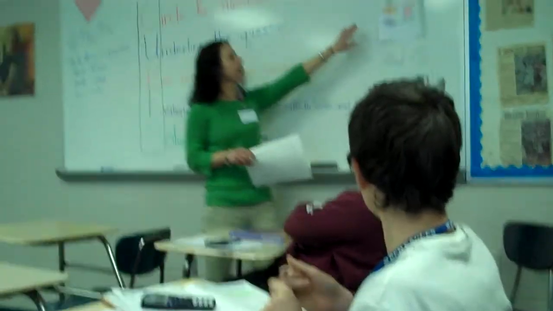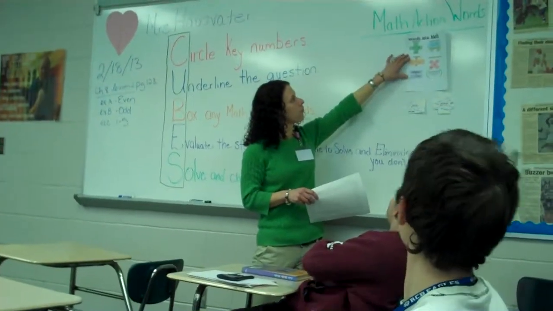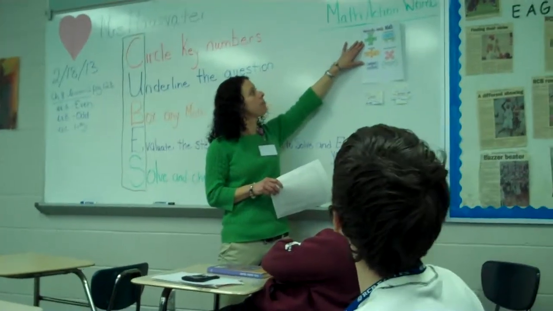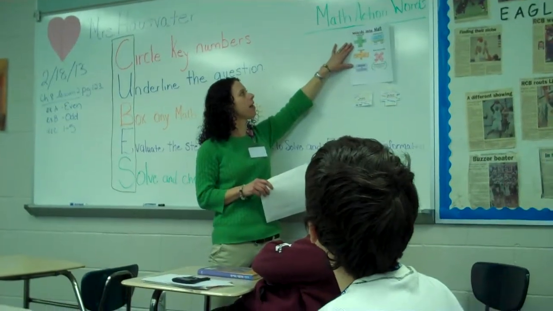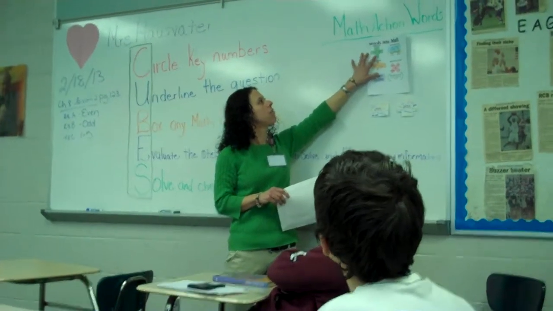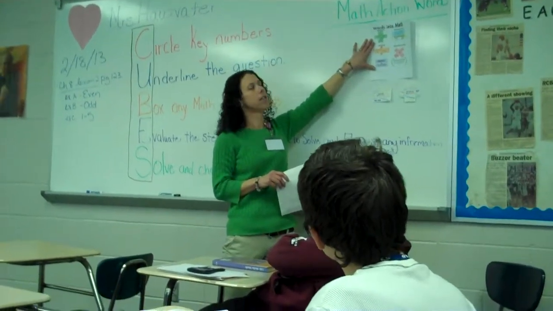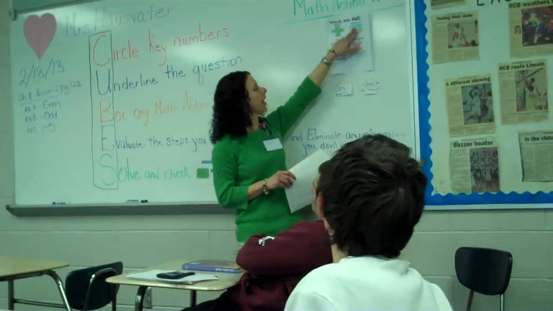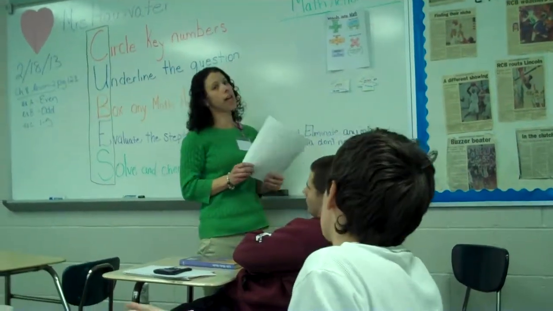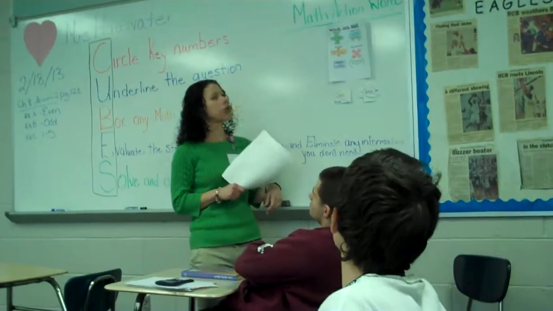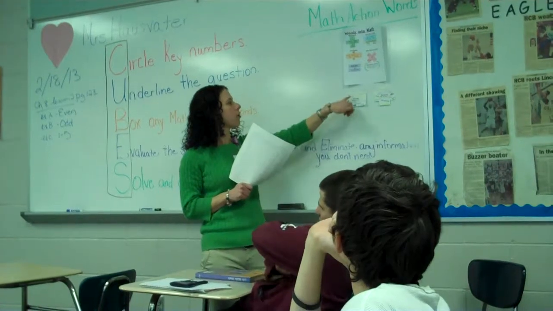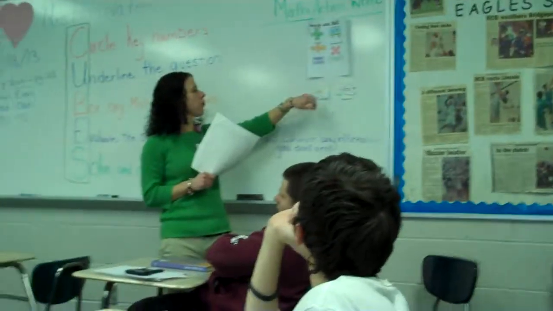Some examples of math action words. For addition, we have add, sum, increased by, together, more, and, plus, and combined. For subtraction, we have subtract, difference, decreased by, minus, take away, remains, fewer than.